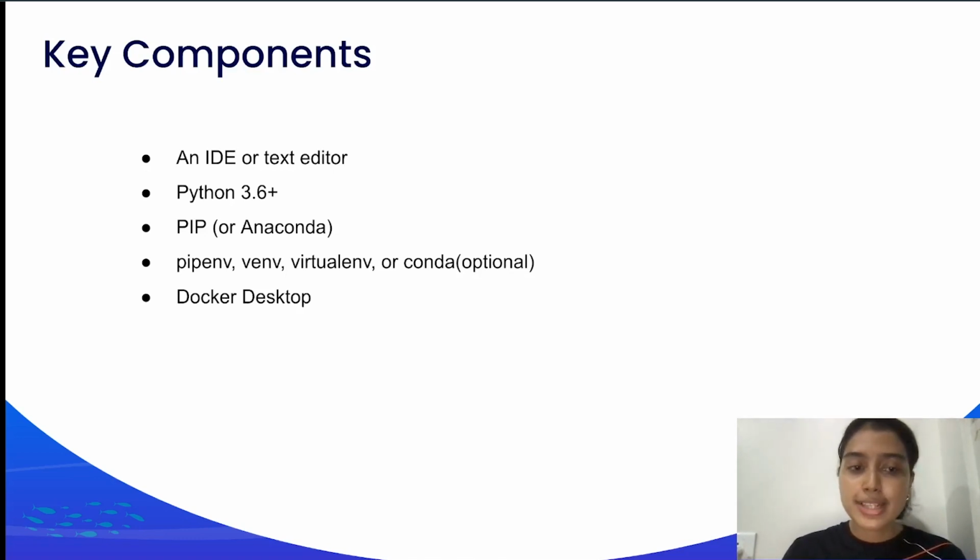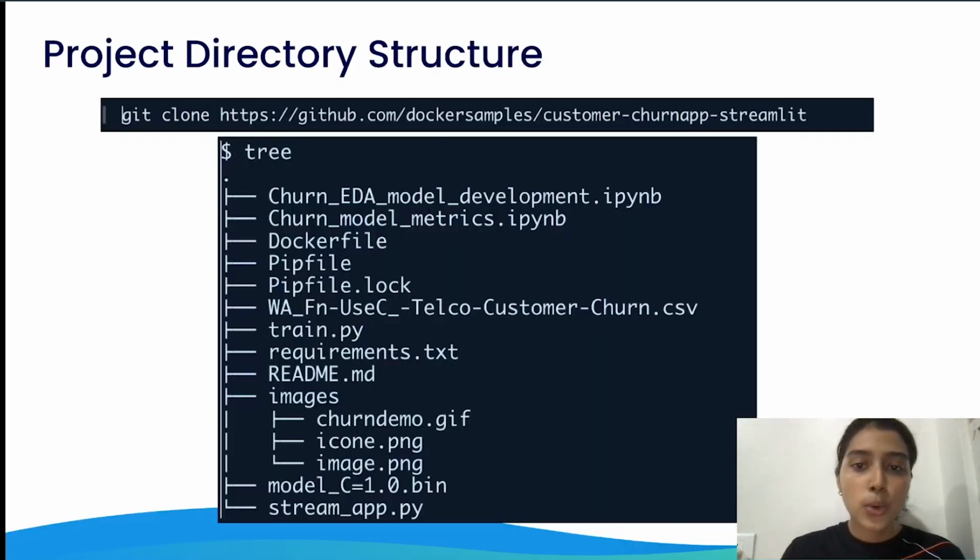So once you have all these things up and running, just go ahead and clone the customer churn app Streamlit GitHub repository in your environment, and you would have all the files that you need to run your Streamlit app, right? So just focus a little bit on the Pipfile and Pipfile.lock. These are the two files that will help you install the dependencies that are required to run the application.